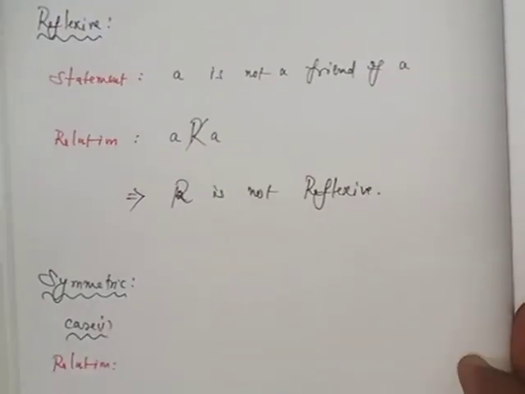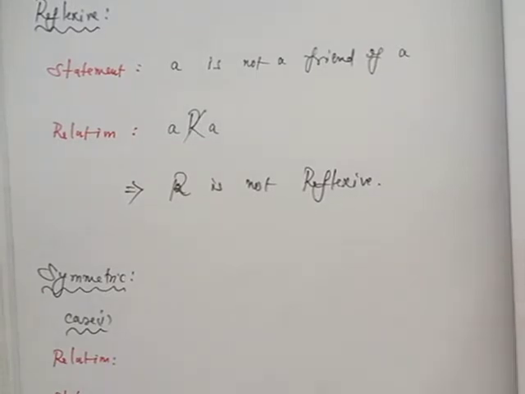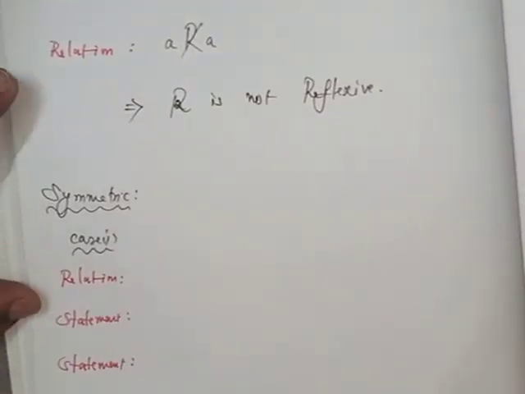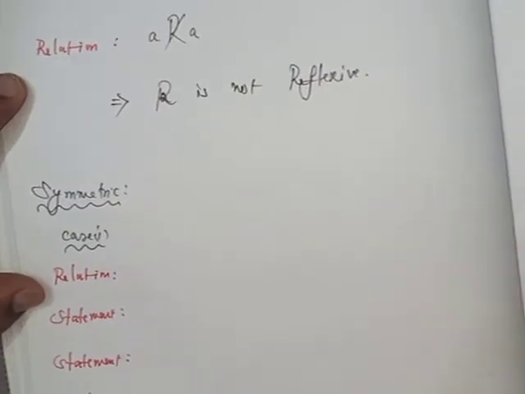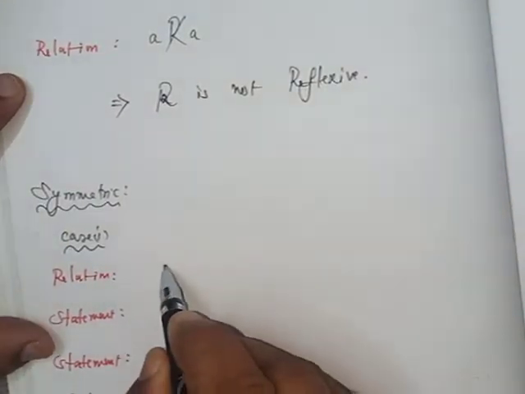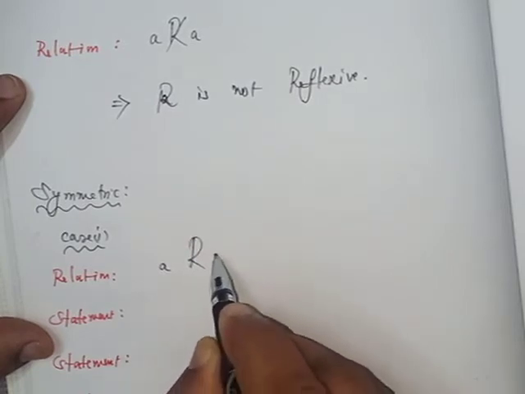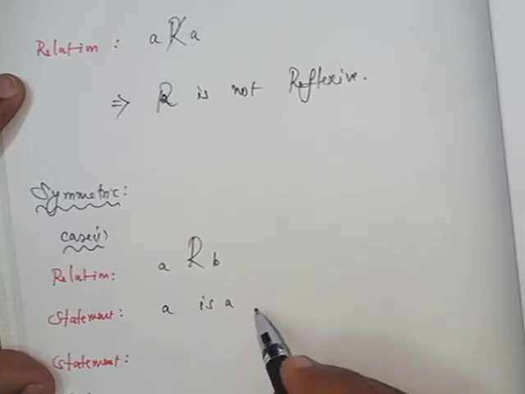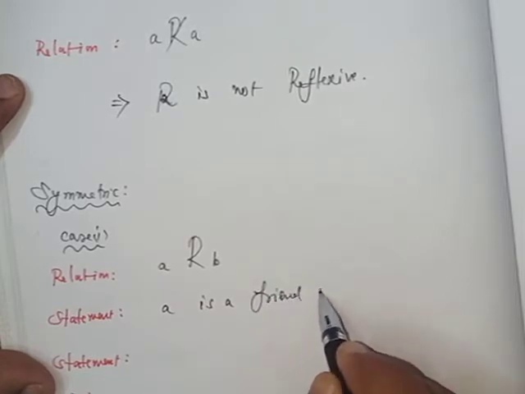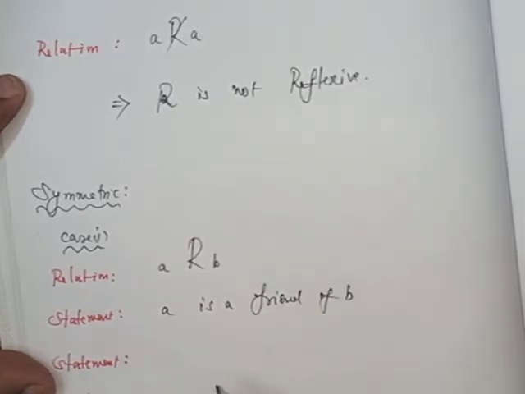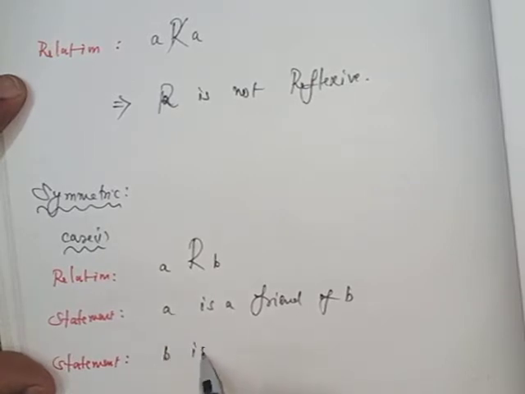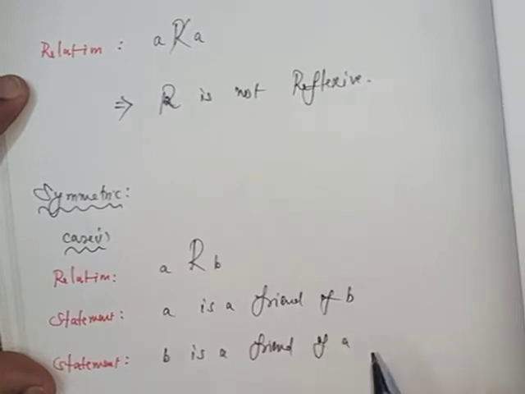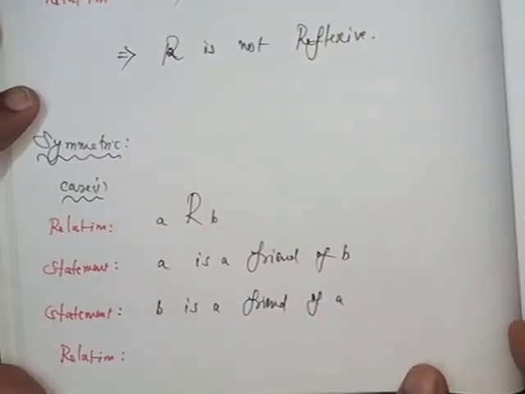First one over. Now we can go for symmetric. Symmetric has two different cases. Case number 1, I consider A is related to B. That means A is a friend of B. Reverse, B is a friend of A. I consider B is a friend of A, but not always.